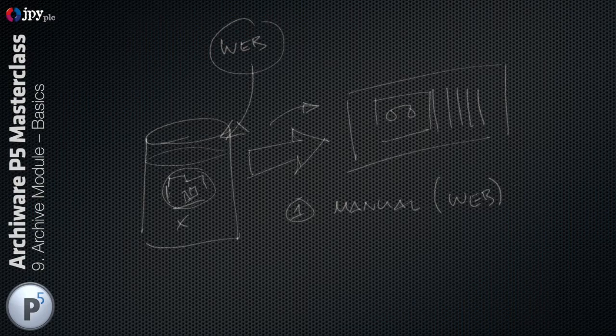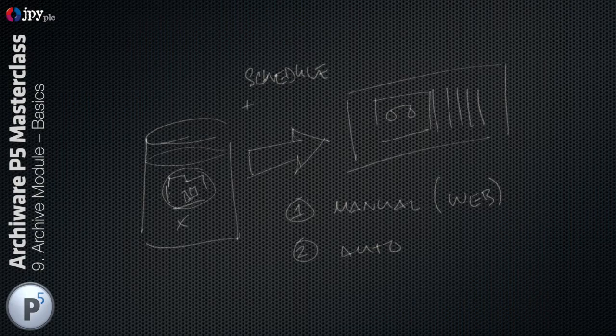The second way, which in some senses is simpler but is less flexible, is automatic archiving. So this is where you create a schedule to archive data every hour, every day, and you specify the folders.